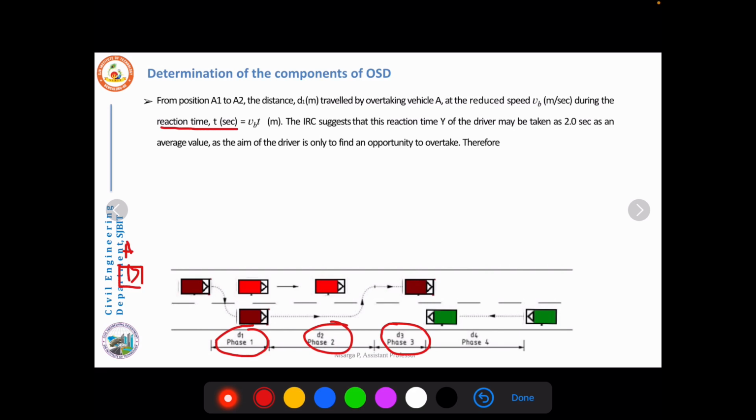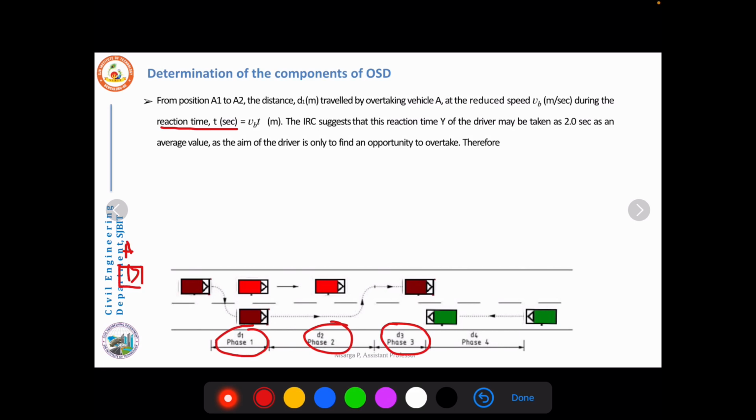So if we consider reaction time as t, we have already learned in an assumption that it is assumed that the fast moving vehicle is forced to reduce its speed to the speed of the slow moving vehicle till it finds an opportunity to overtake.